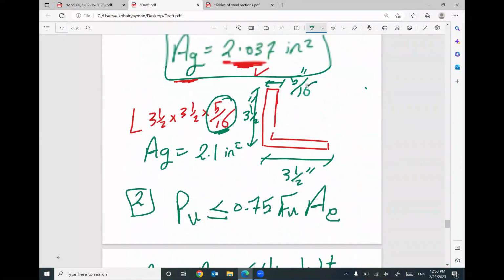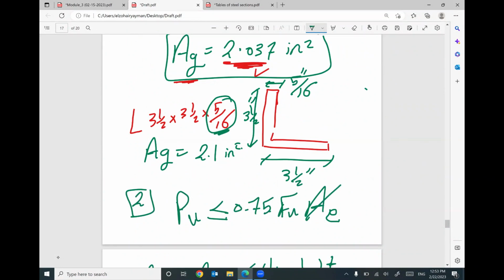Go ahead and put your value for area effective 1.4, your value for F ultimate equal 50. What is the final value? 52.5.